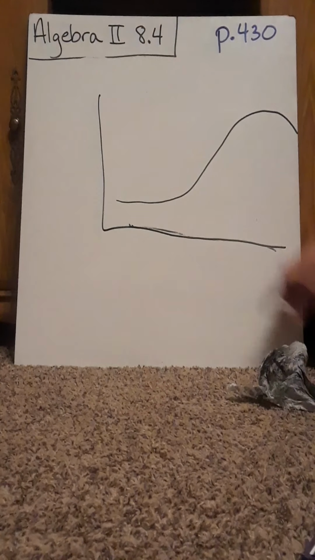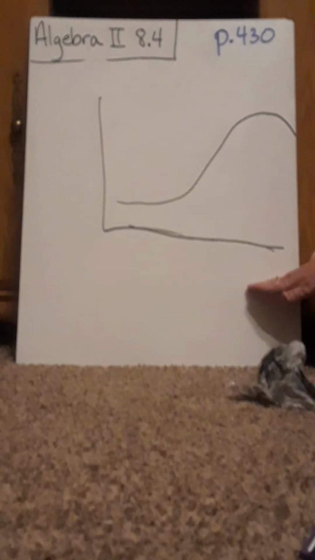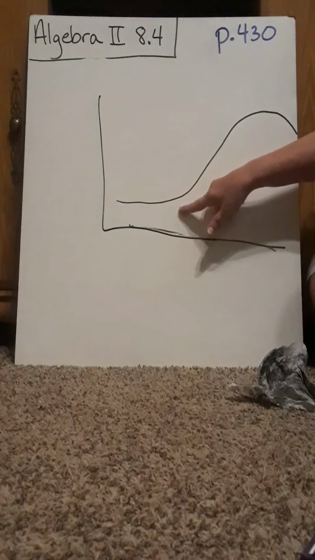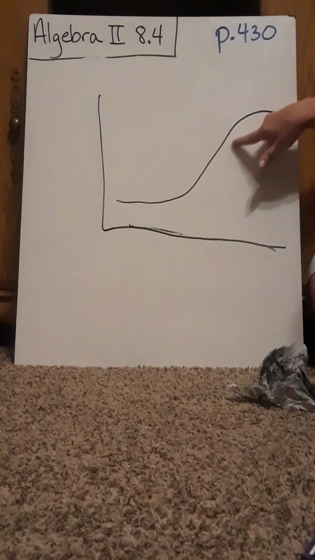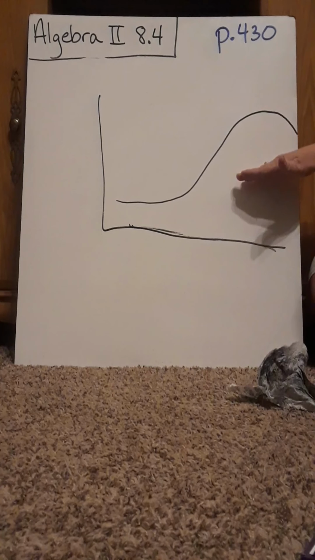This axis right here represents how they did on the test. So maybe you only had a few fail. And then if it's easy, you would expect a lot of students to have high scores, to do well. So this is not a normal distribution, okay?